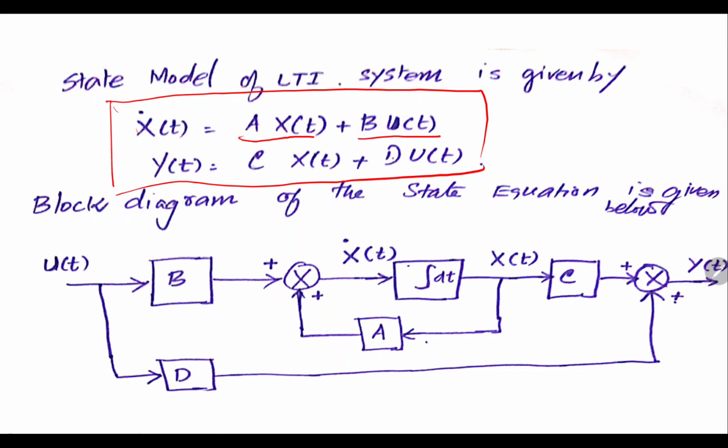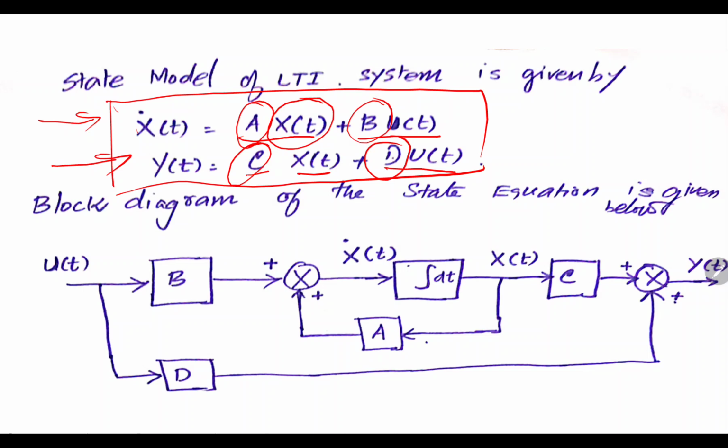Y of t is equal to C into x of t plus D into u of t. Here this is the output equation and this is the state equation. We are going to find out the A, B, C, D matrices. Using that, we can say whether the system is stable or not, controllable or observable, etc. And here, x of t is the state variables.